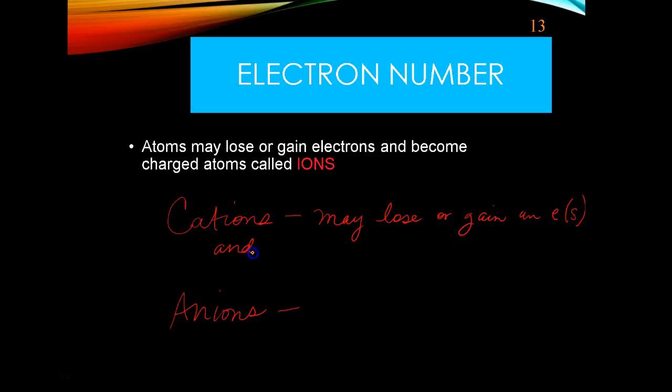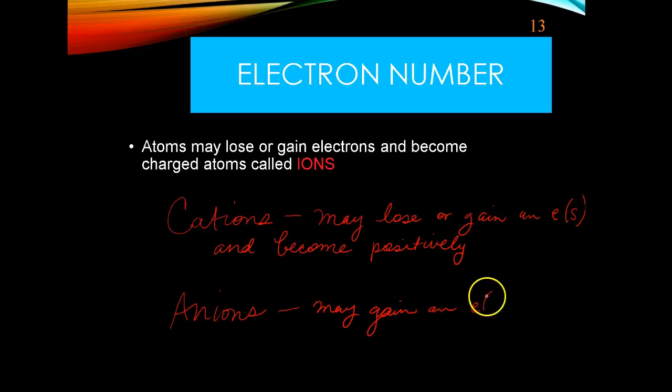And when they do, they will become positively charged. Okay? So then, therefore, an anion may gain an electron or electrons and become negatively charged.